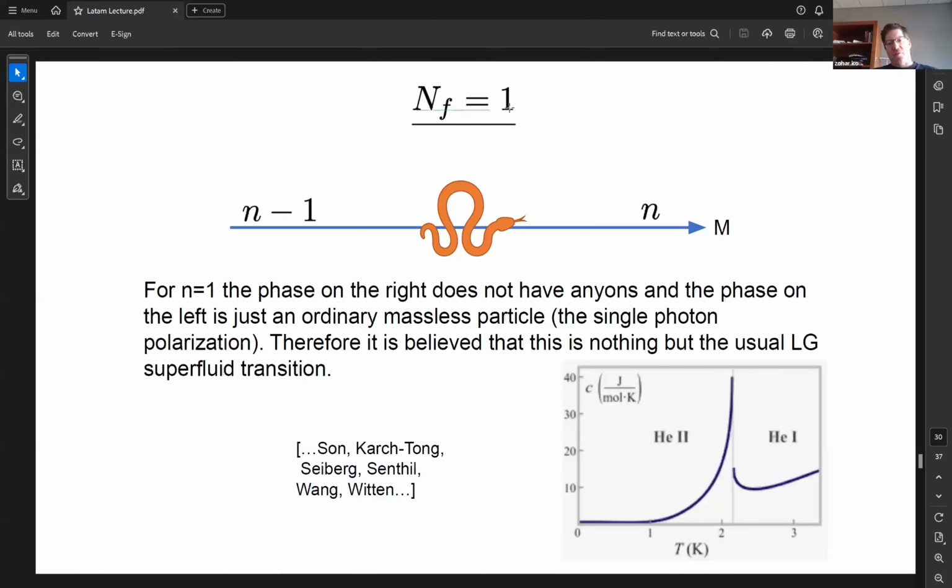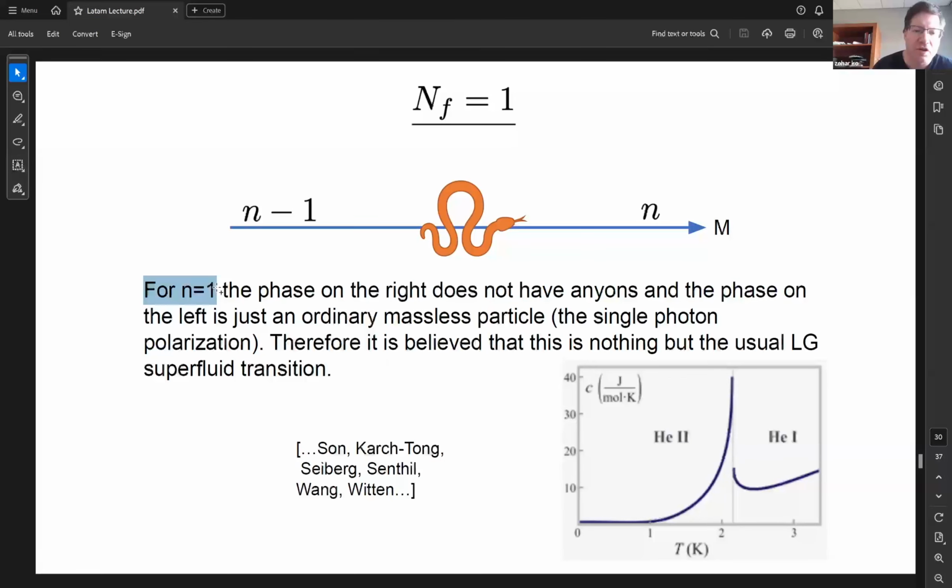So they considered just one species of fermions, just one electron. So it's equivalent to one spinor with 2 complex entries. So one Dirac spinor in 2+1 dimensions. That's the minimal amount of matter.